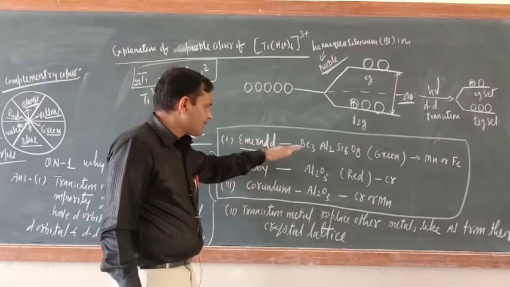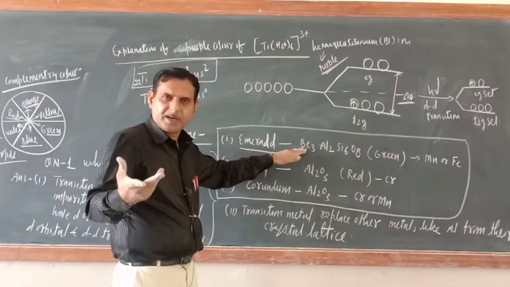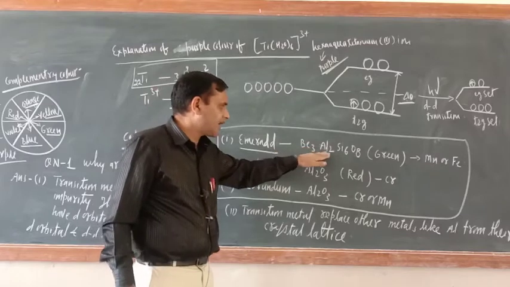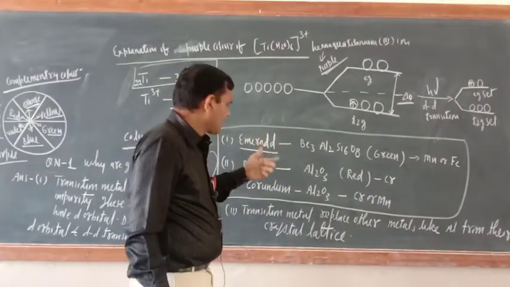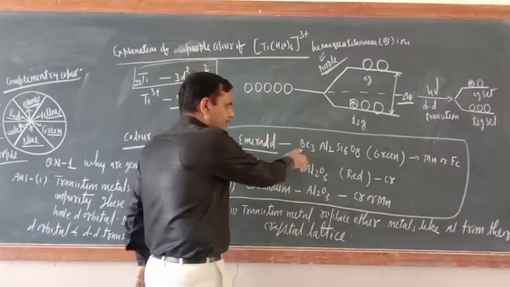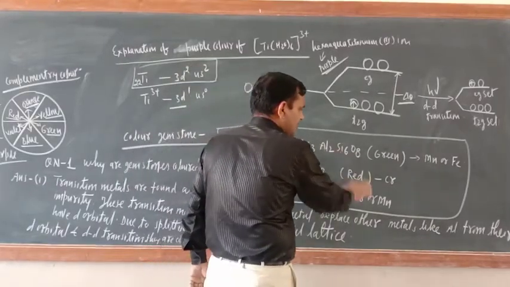Emerald is a type of beryllium compound, Be3Al2Si6O18.